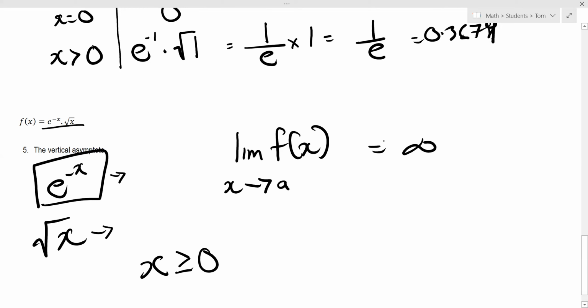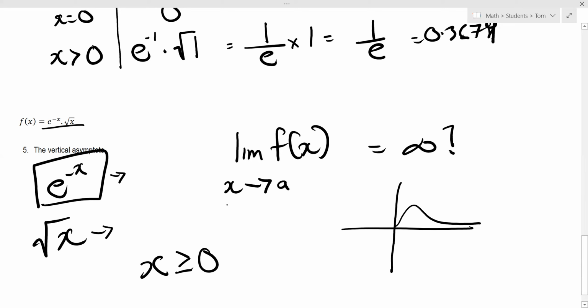So there are no vertical asymptotes. If you actually draw the graph, you have something like this. There's no vertical asymptote at all for this function because an exponential function has no vertical asymptotes, and a square root function also has no vertical asymptotes.